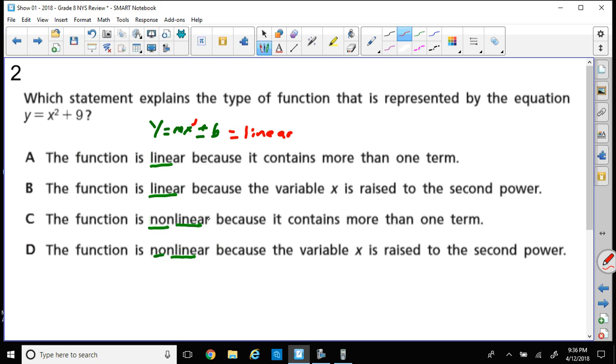So choice A and B are out. So that's because this has an exponent of 2. So the exponent of 2 makes it nonlinear, and you really want to know it's quadratic. But they say contain more than one term. That's no reasoning. You can have as many terms as you want. It's based on the exponent. So that's why D would be the best choice for that.